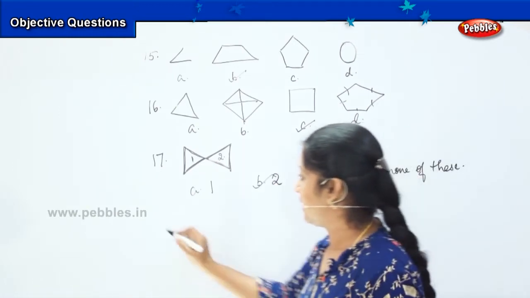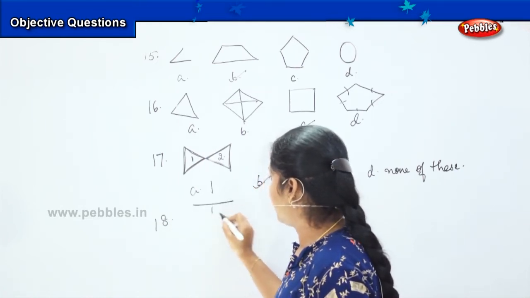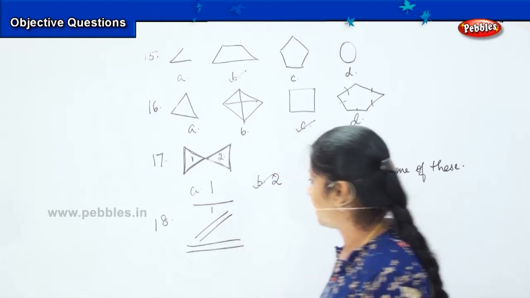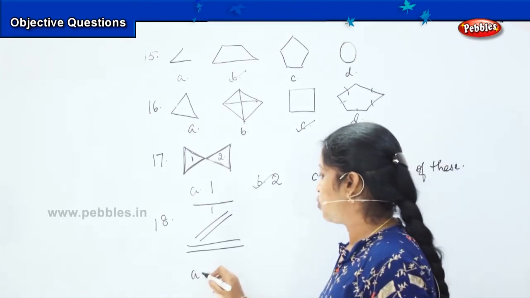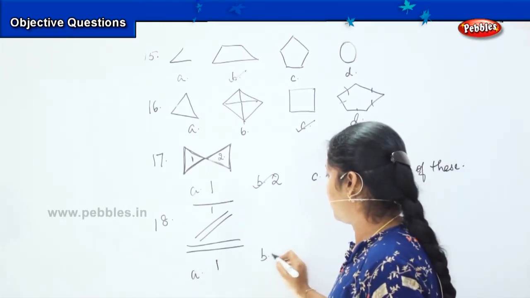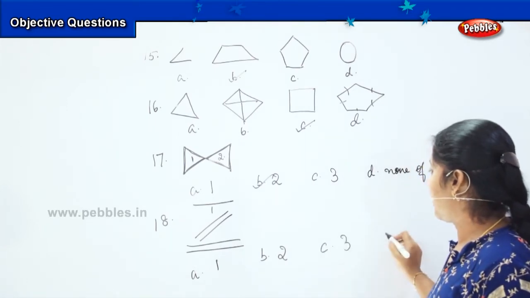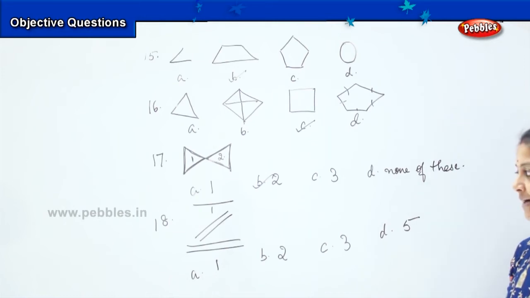Okay. Now the next question, again you have to identify how many slanting lines are there in this picture. Whether it's 1, 2, 3, or 5. So which is a slanting line here?